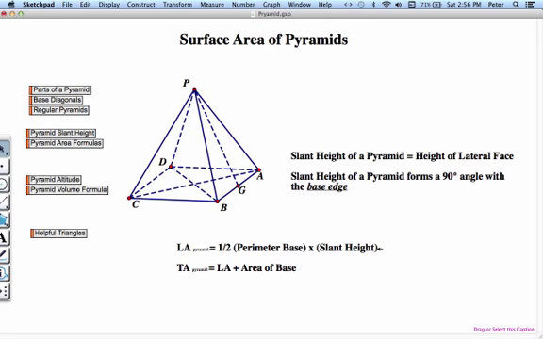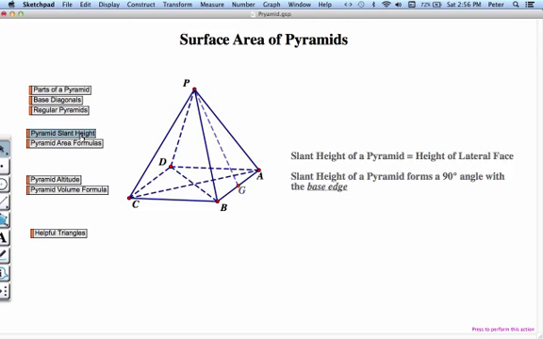If it's a rectangular pyramid or a non-regular pyramid, you have to calculate the area of each face. You can't use this 1/2 perimeter shortcut, similar to what we used with prisms. Total area equals the lateral area plus the area of one base, because in a pyramid we only have one base.